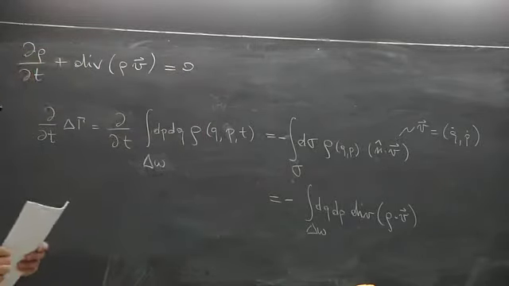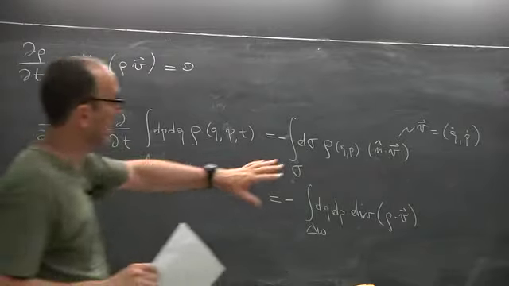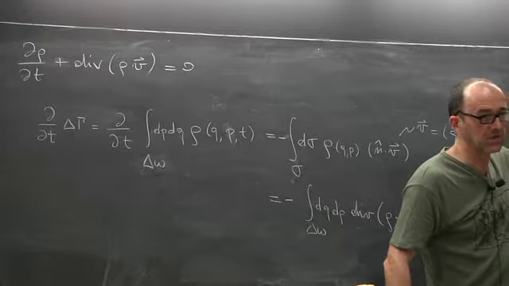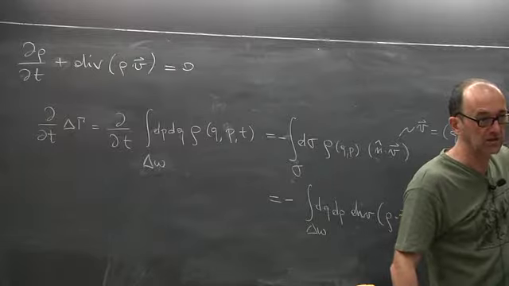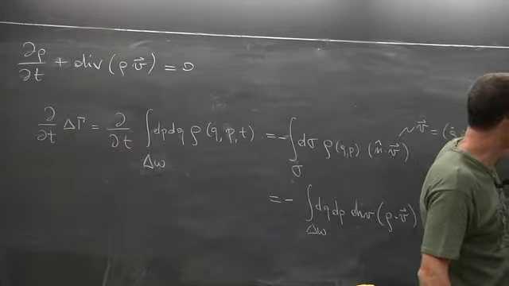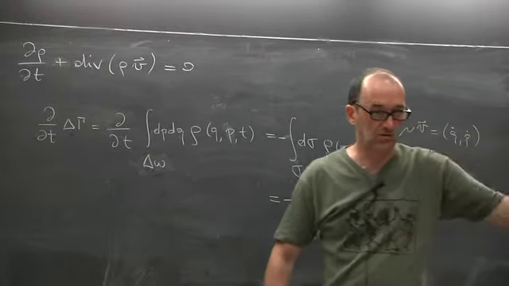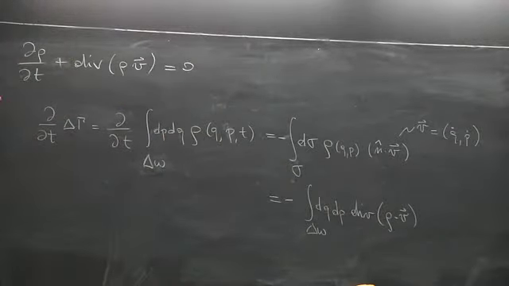Okay? This is just a statement that in my ensemble, no point is created and no point is destroyed. Okay? I'm just following a number of points as they move in this space, but I'm not destroying any point and I'm not creating any point. Okay? So for any small volume, the change in the number of points inside the volume is just given by those who enter and exit. Okay? And this is the continuity equation.